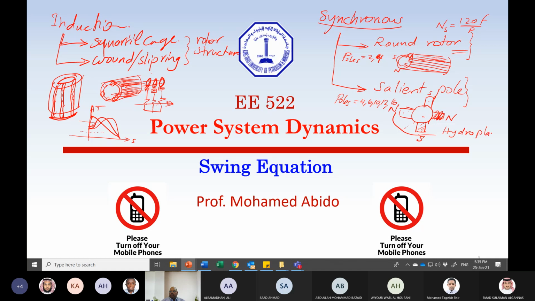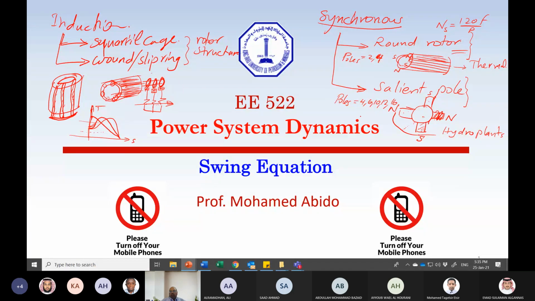The speed of the rotation here is very, very slow. The hydro turbine is very slow, but this one is used for thermal power plant. So the speed here is high, and so on. So these are the two types of synchronous generators.